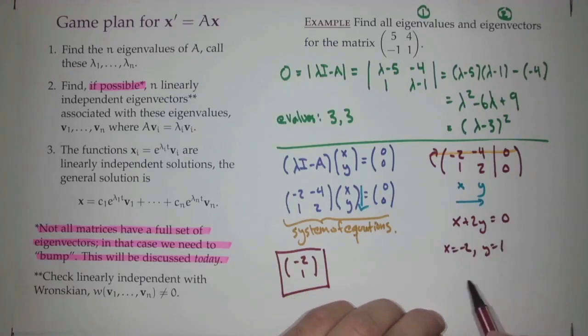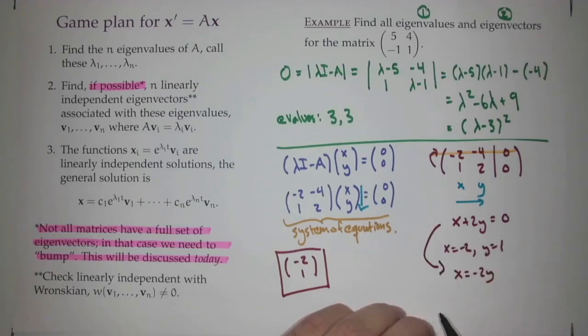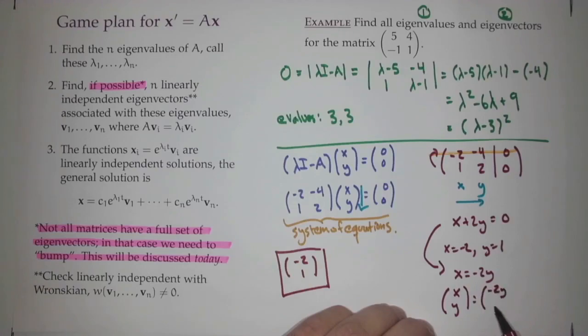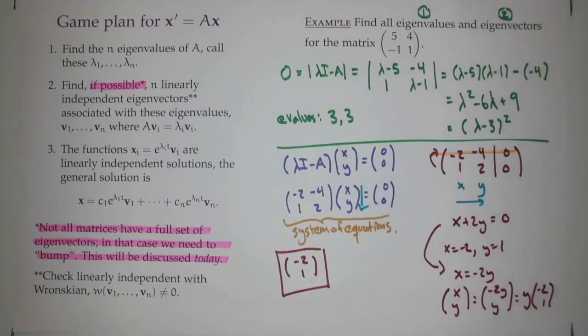Well, if you look at this equation, you can say, hey, this is the same as x equals minus 2y. So that says that our solution, x, y, has to look like minus 2y, y, or it's some multiple of minus 2, 1. So any solution looks like minus 2, 1 after you've appropriately scaled it. So it is our only answer.